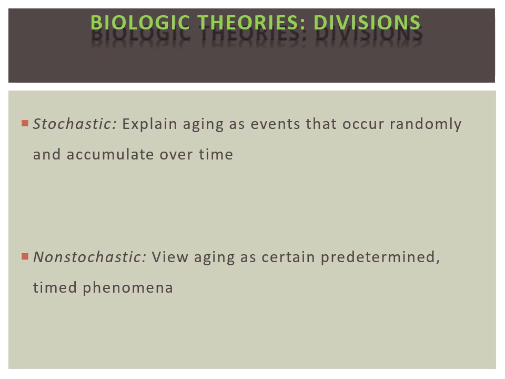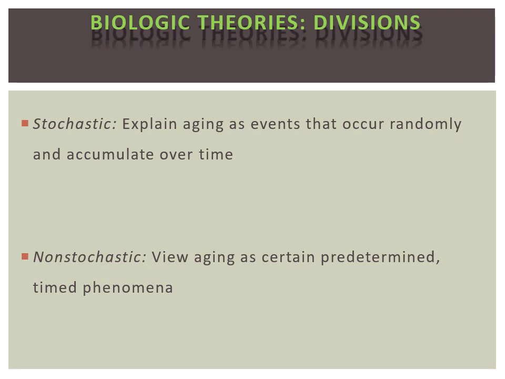So when you look at the biological theories, the biological theories are divided into two types. One is stochastic theory and the second one is non-stochastic theory. Stochastic theory is based on random events that cause cellular damage. Non-stochastic theory is defined as a view of aging as certain predetermined timed phenomena.